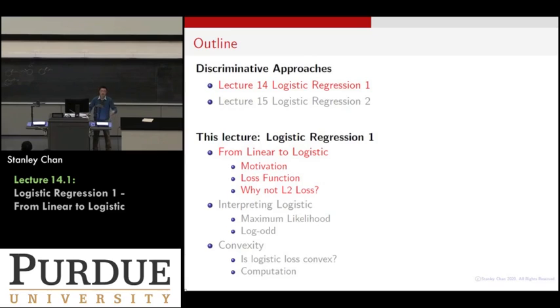I want to show you that logistic regression, if you use the cross entropy loss, is actually a convex problem, and therefore don't bother to use stochastic gradient descent. Even if you use the CVX program, you're guaranteed to get the true solution. Okay, so that can bypass some of the complications of not being able to implement your gradient descent properly, but you can still analyze the underlying property of this algorithm. Okay, so that's the outline.